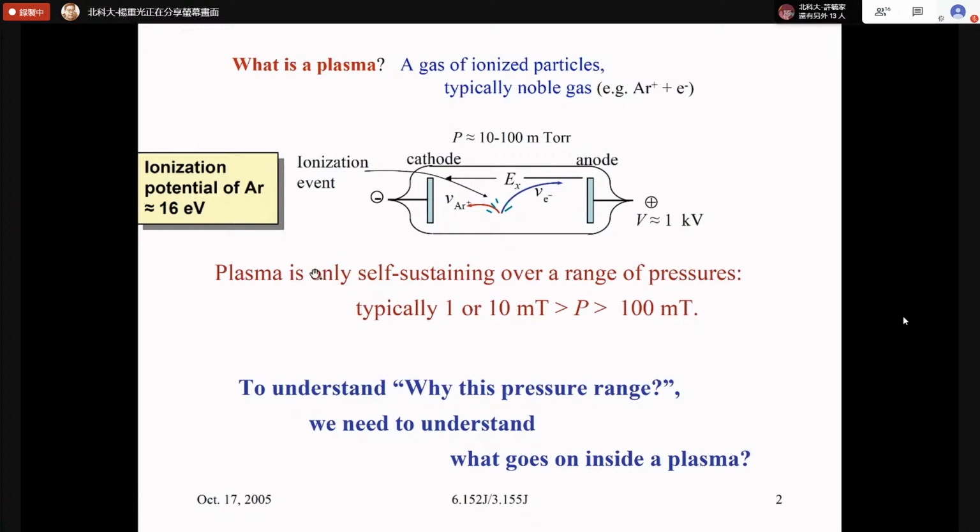So to understand why this pressure range, we need to understand what's going on in the plasma. If we understand the mechanisms in the plasma, then we understand why we need a pressure range.